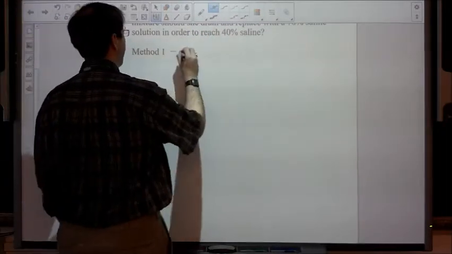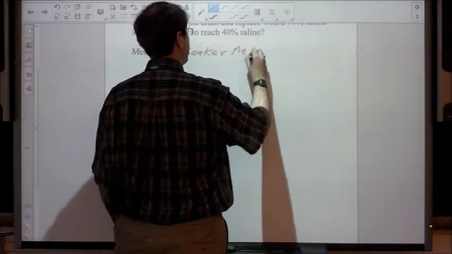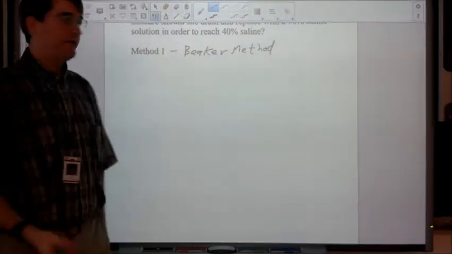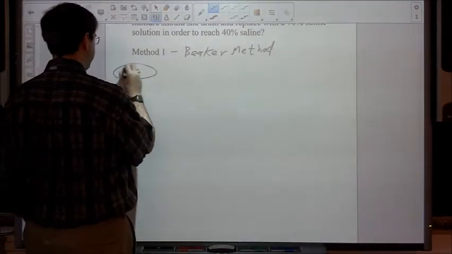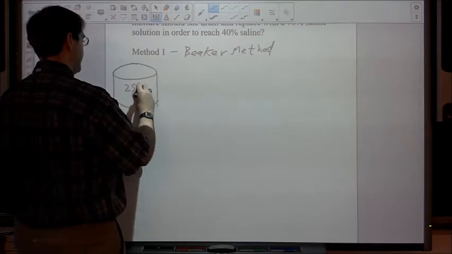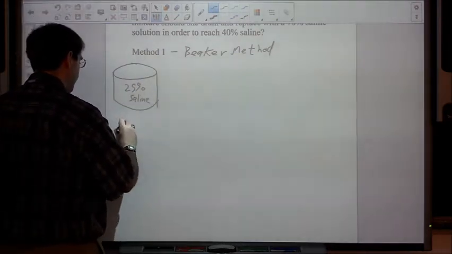The first method I like to call the beaker method. It's to think that we actually have these things in three different beakers. So I have beaker 1, that is my 25% saline.